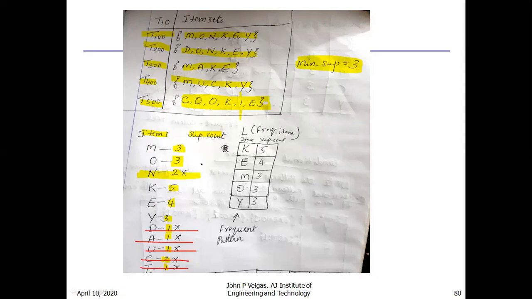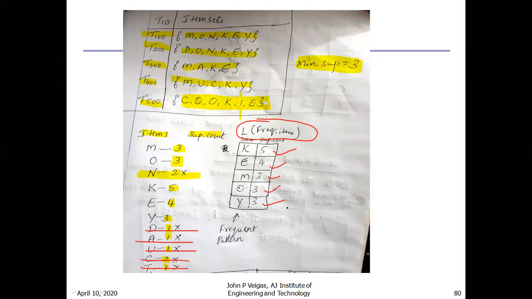Then we need to write the frequent items in reverse order of their support, meaning whichever has the highest support needs to be written first. Here the highest support is K. So write the item along with the support count: K 5, E 4, M 3, O 3, Y 3.